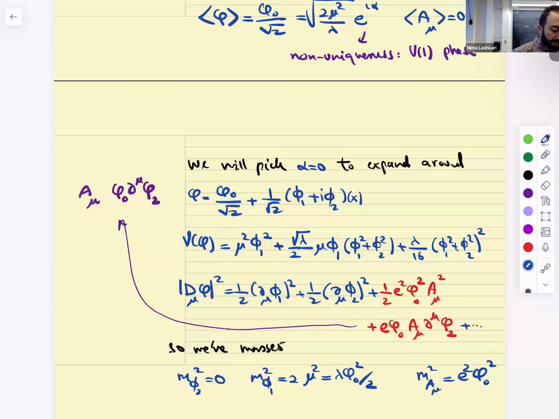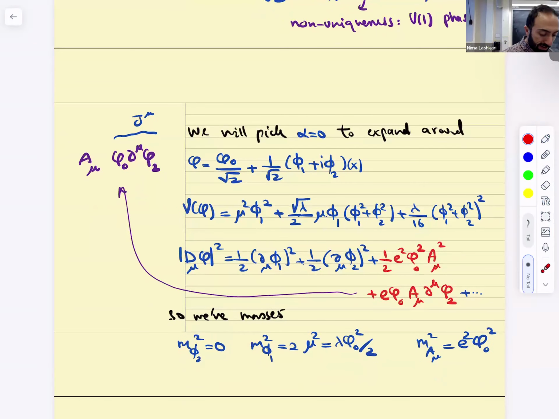What if I call this J mu? We'll get there. This is a term that came out of the expansion of the covariant derivative. So for now let's ignore it and focus on the masses. Phi 2 is massless, phi 1 is massive, and the gauge field is massive.